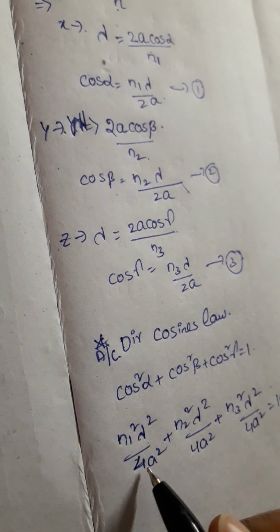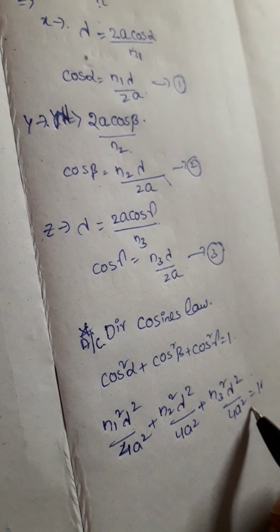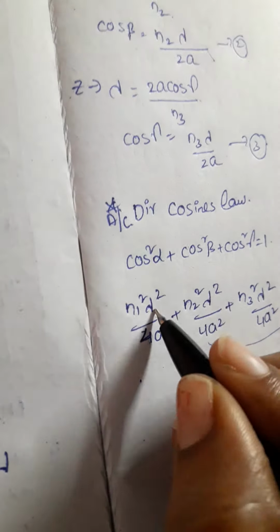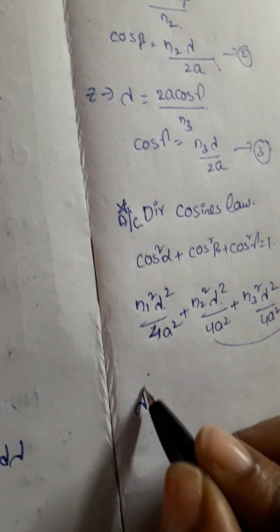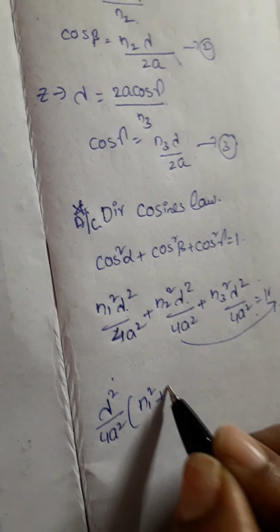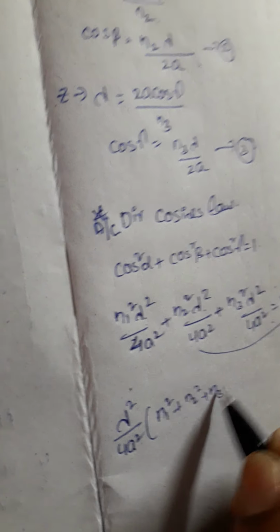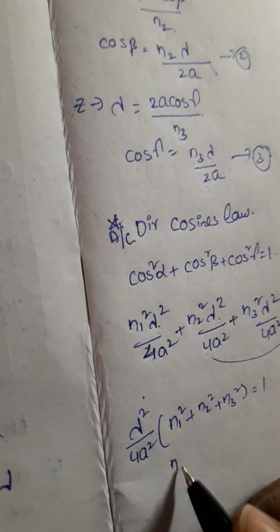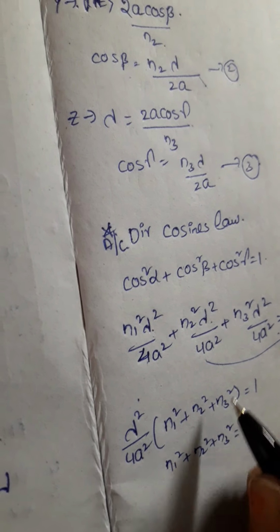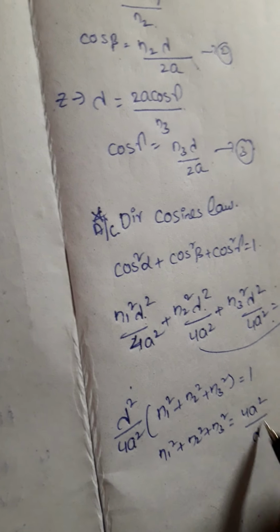In the denominator, take 4a square common and send it to this side. In the numerator we have lambda square also, take it directly common. How to write? n1 square plus n2 square plus n3 square equals 4a square by lambda square.